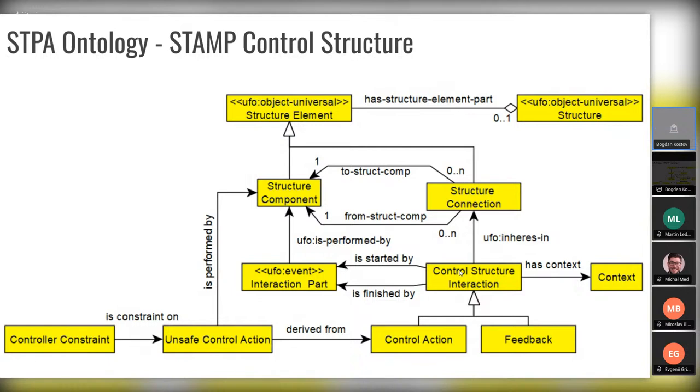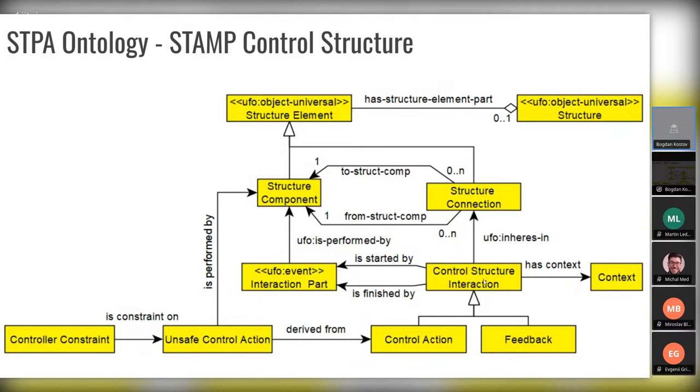So, for example, a driver is a controller. When the driver drives the car, it can perform different actions like apply the brake, apply gas, the clutch, change the gears, steer, use signaling like blinking and so on. So these are the individual actions that this connection could have, and the same for feedback.